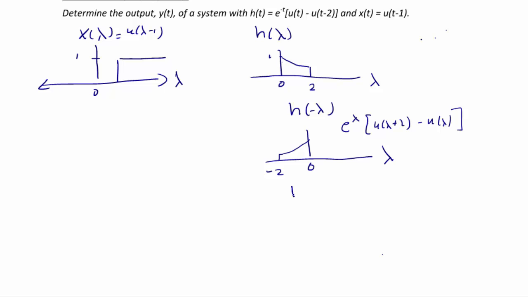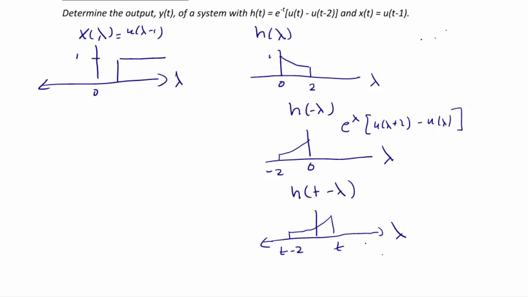And then the sliding happens when you integrate h of t minus lambda. So what that means is that t is a variable. Based upon the value of t, this function would slide along the horizontal axis. So for example, if I drew it here, the leading edge is t, and the trailing edge is t minus 2.